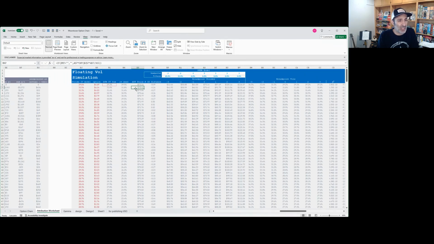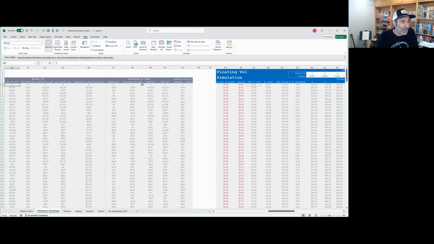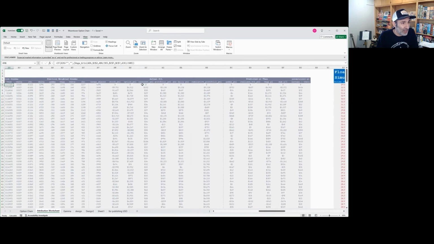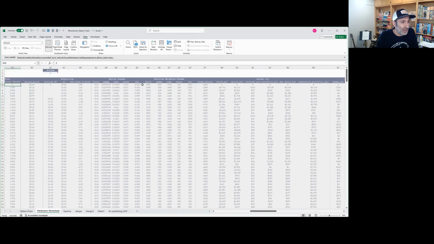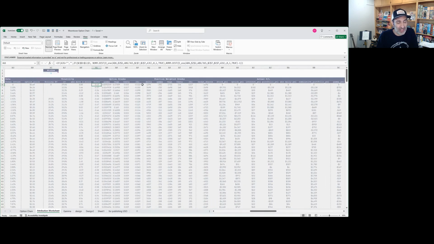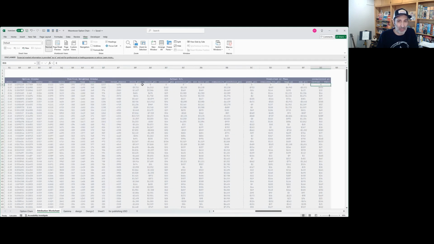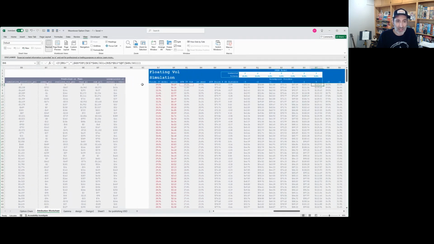So what happened? Let's think about what's happening to this one strike. This 72 strike started out as a 43 delta put, basically an at the money put.